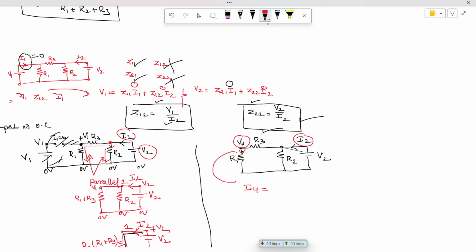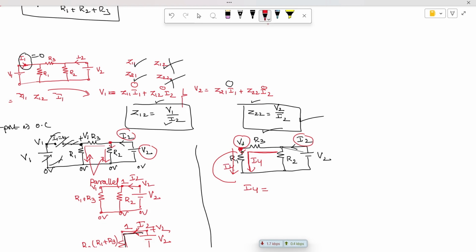How to write the current I4? The current is flowing here as some I4. This is a series branch, therefore the original current flowing here is I4, but I am writing this I4 with respect to V1. So the current I4 is flowing in only this branch.